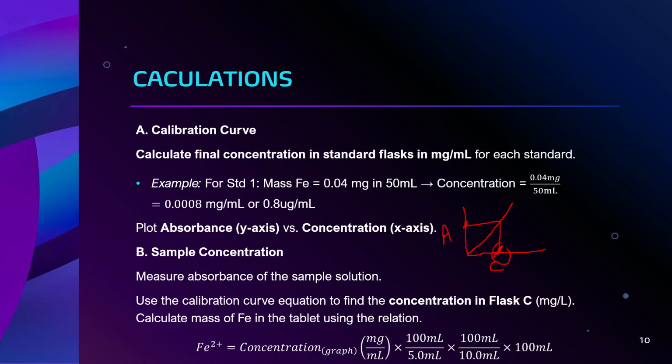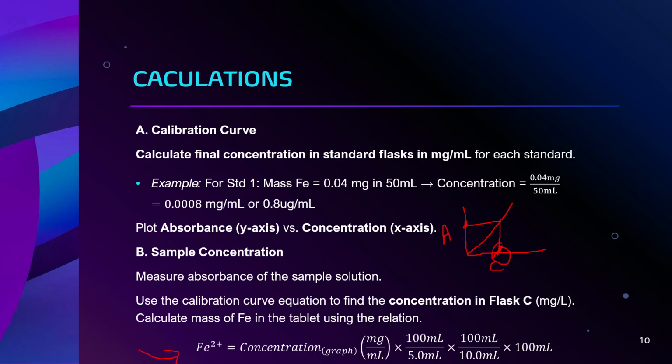You need to convert this concentration of iron in sample flask C into the milligrams of iron in your tablet. How would you do this? It can be done by using this formula. Suppose that you have a concentration of 0.006 milligram per ml.